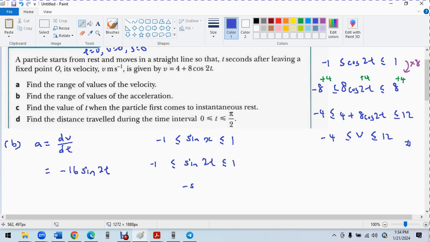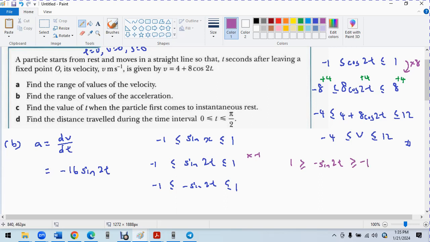If we have negative sin 2t, it's also between -1 and 1, because when we multiply with -1, it becomes 1 greater than or equal to negative sin 2t, greater than or equal to -1.